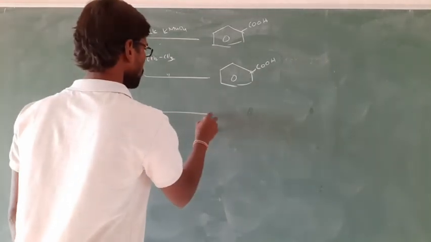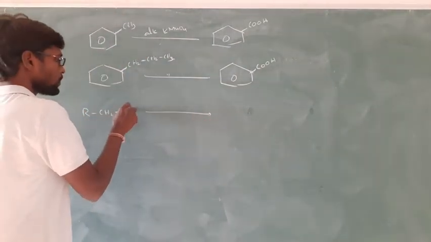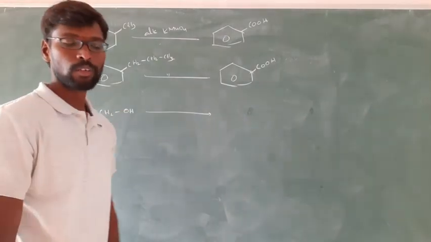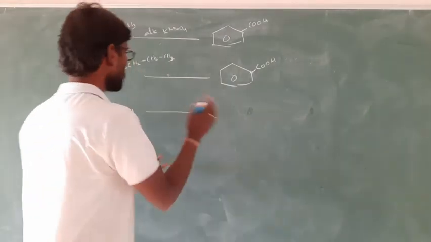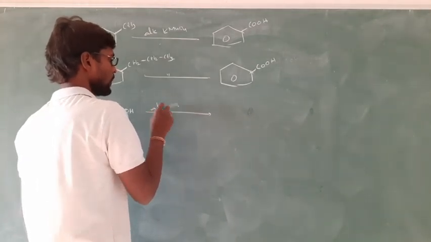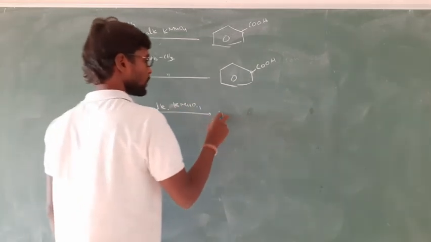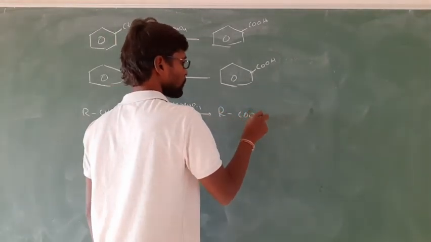Now again, if you take primary alcohols like RCH2OH and do the same alkaline KMnO4, they will give the same product, RCOOH.